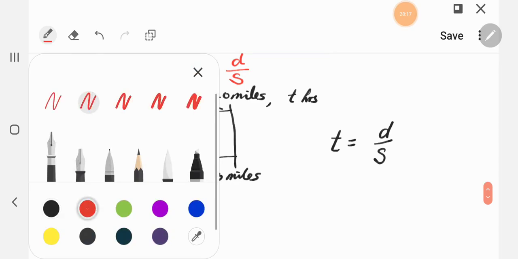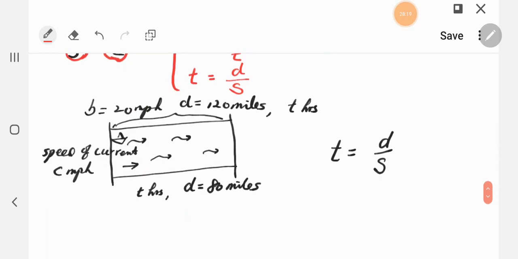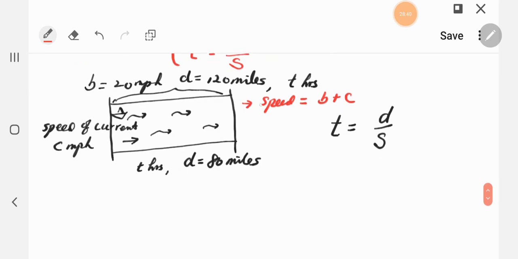And what is the total speed when you go downstream? The total speed is the boat speed plus the speed of the current. So B plus C will be the speed for the downstream.